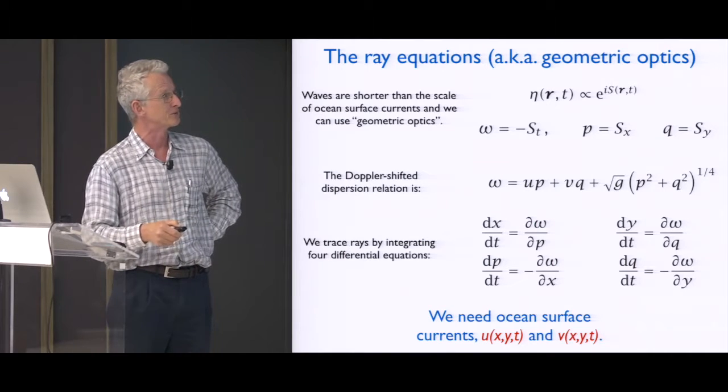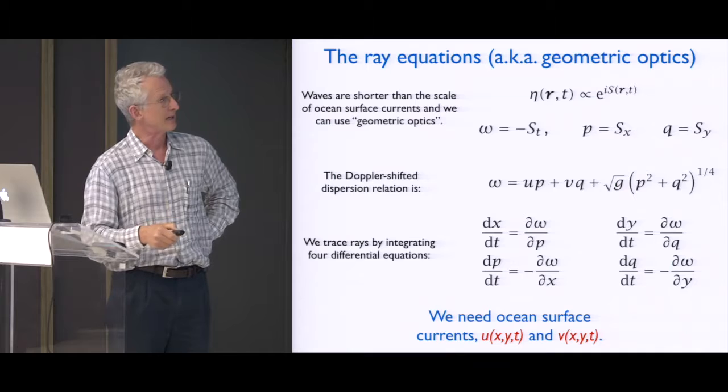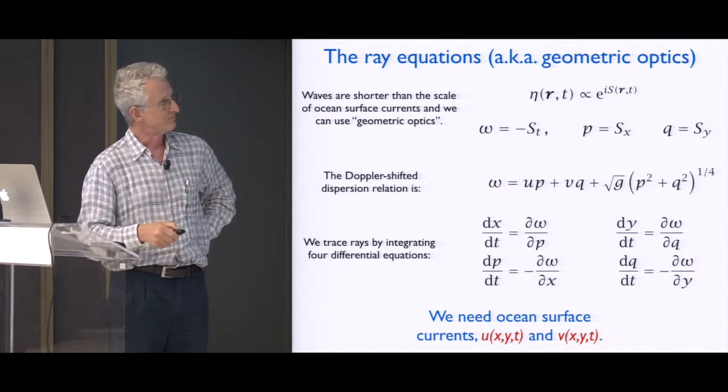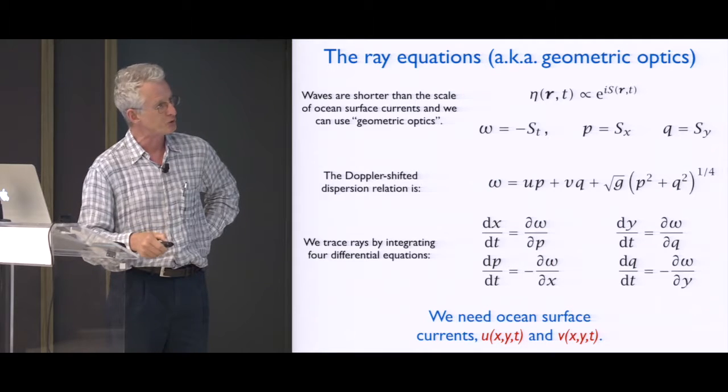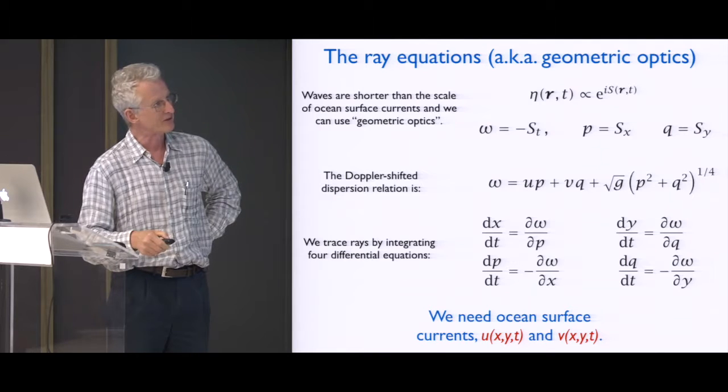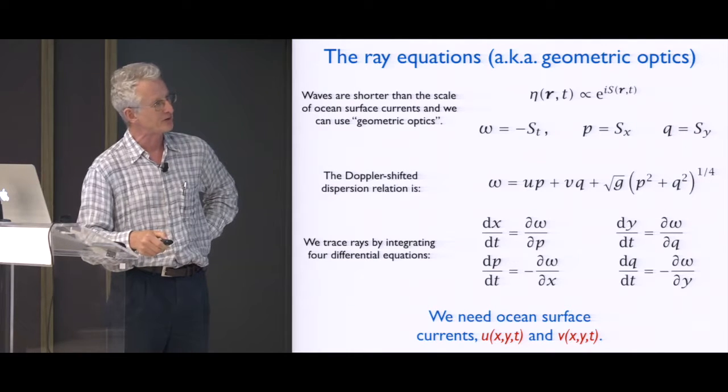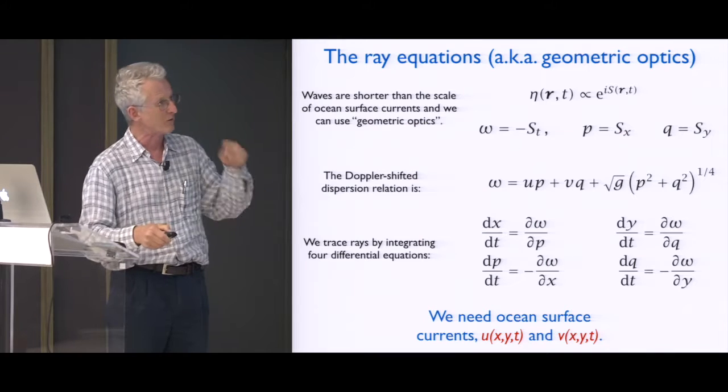So this would be the displacement of the surface of the ocean. There's an eikonal function or a phase function, and we have the ray tracing equations. Here's the Doppler shifting term in the dispersion relation. Here's root gK. K is the total wave number, so it's the square root of p squared plus q squared, the x and y wave numbers.